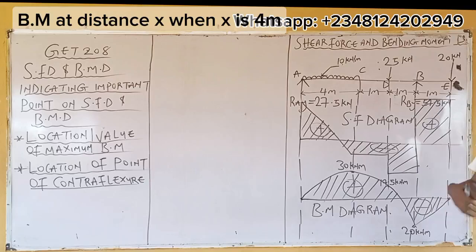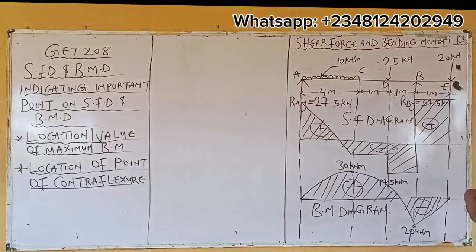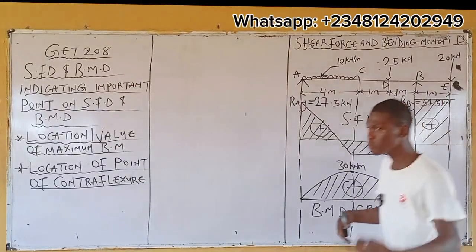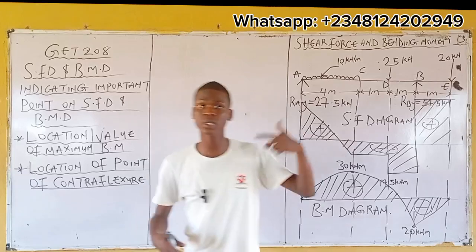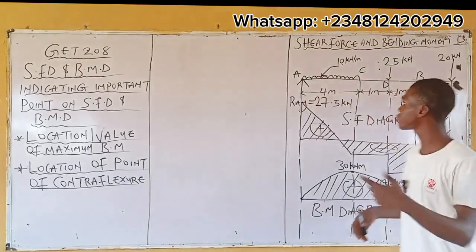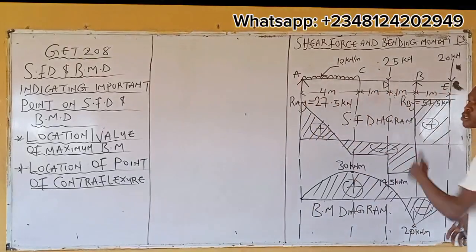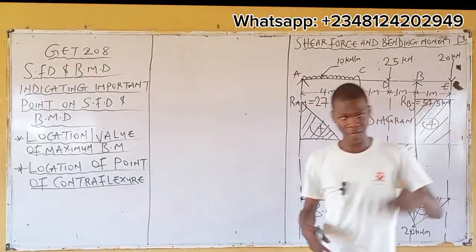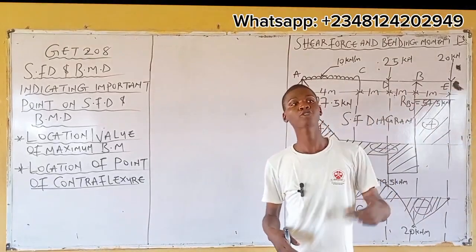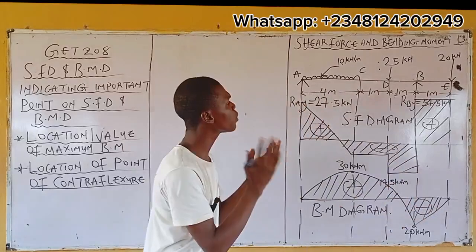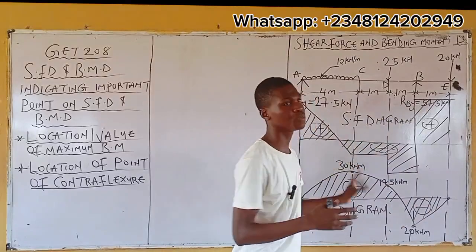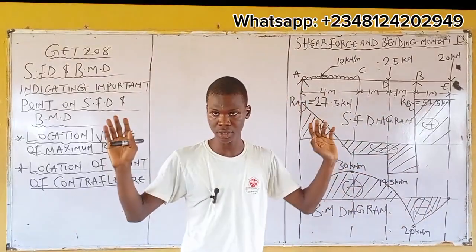The same way you took bending moment at 5 meter, at 6 meter, you can also take bending moment at 2.5 meter, true or false? You can also take bending moment at the total length, 7. You can also take it at 6.5, or at 6.9. It is your choice. At any point you can imagine in this beam, you can take bending moment, true or false? Yes, sir.